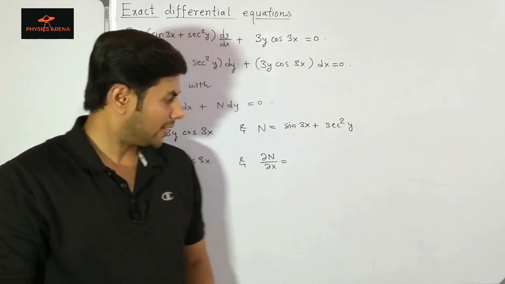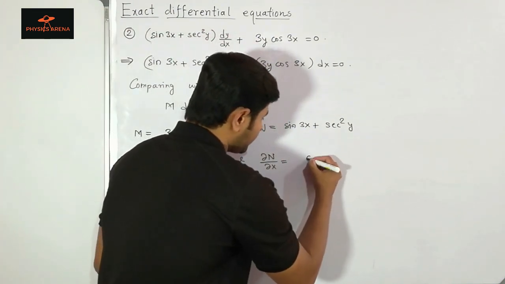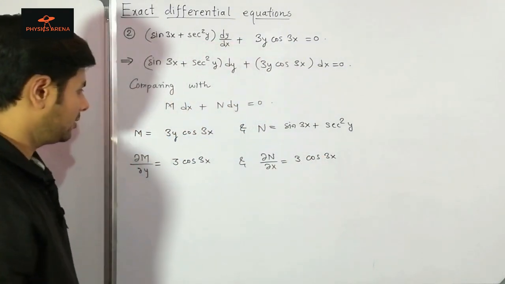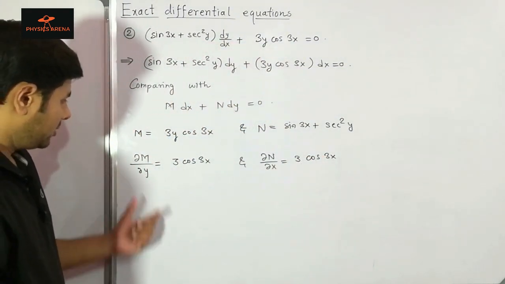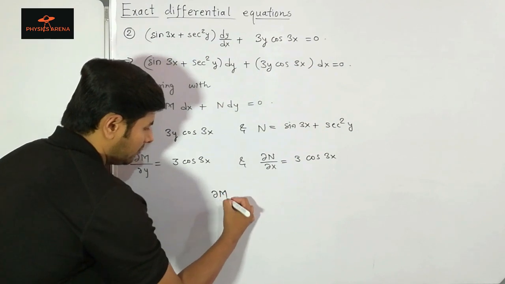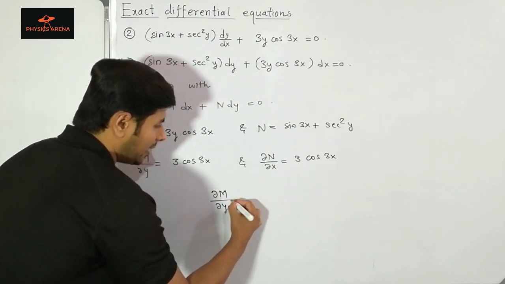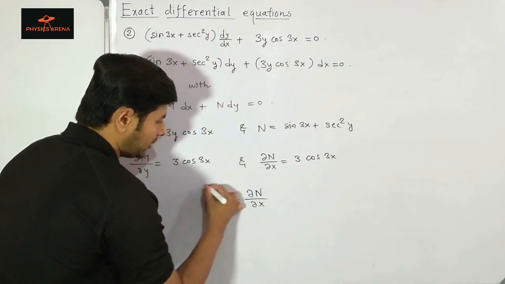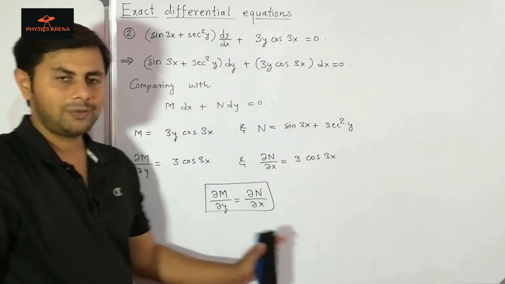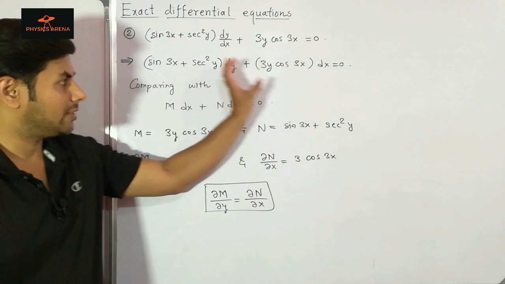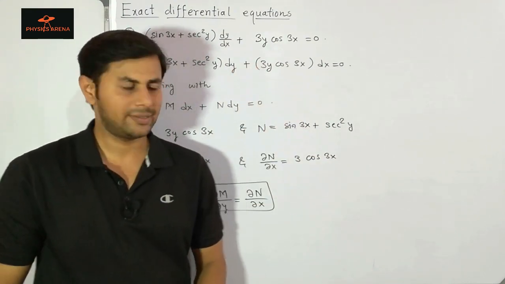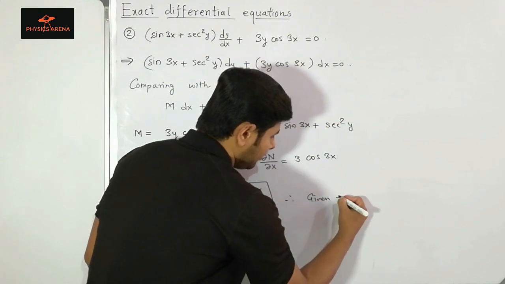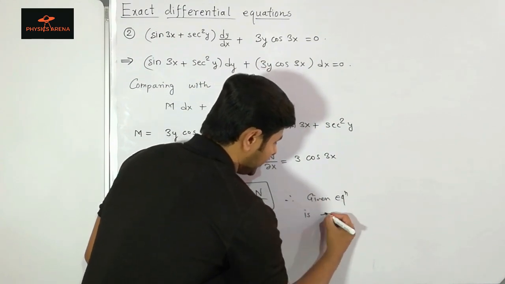So derivative of that is cosine 3x multiplied by 3. So we have partial derivative of m with respect to y equal to partial derivative of n with respect to x, and therefore we know that the given equation is exact.